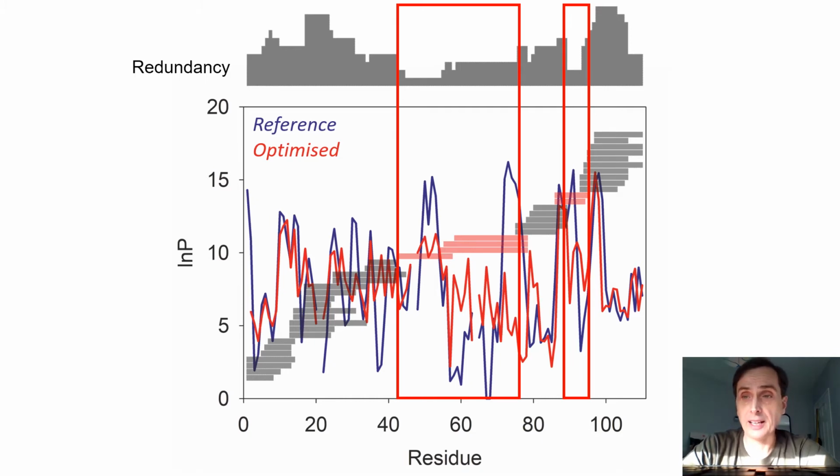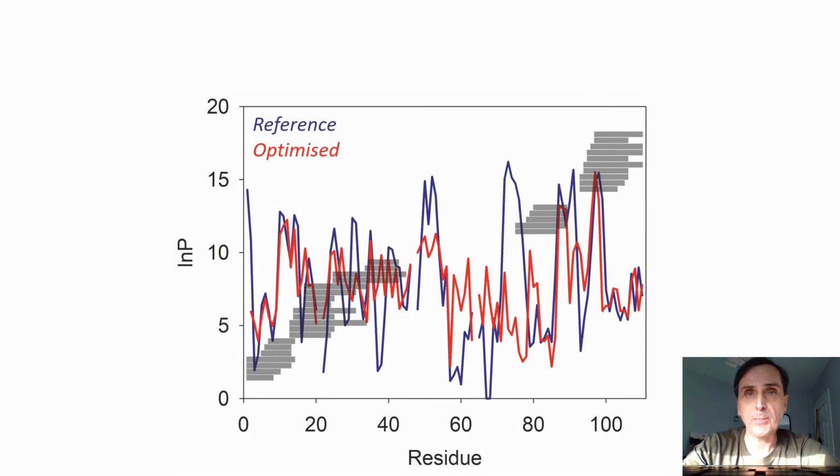In general, we recommend that weak peptides, which are poorly constrained peptides, are deleted prior to optimization. And we actually have a tool that can help you identify these peptides, which can be found at this URL here.